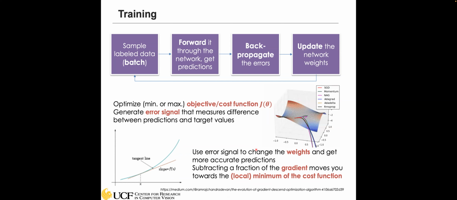Typically for the training process, we have these sampled, labeled data. We feed them into the network, get the prediction, and we can compute the loss or errors by comparing the prediction to the ground truth. We can use gradient descent, backpropagate the error, and use that to update your network parameters or weights.